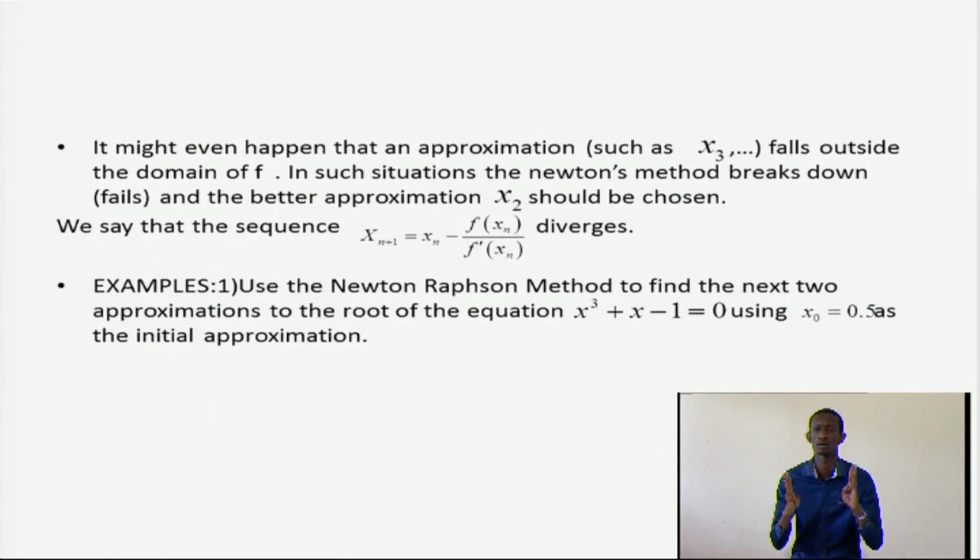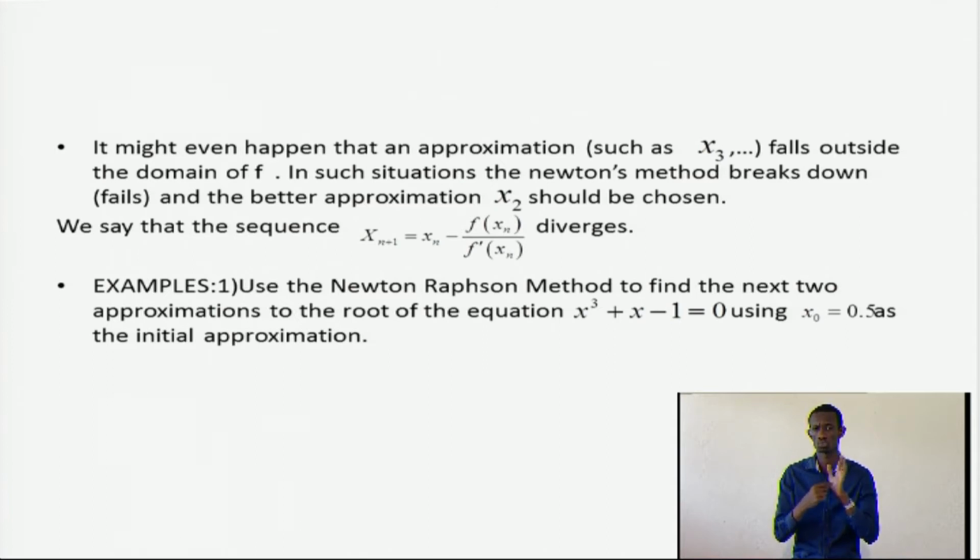So, example: use the Newton-Raphson method to find the next two approximations to the root of the equation x cubed plus x minus 1 equals 0, using x naught equals 0.5 as the initial approximation. It is very simple.